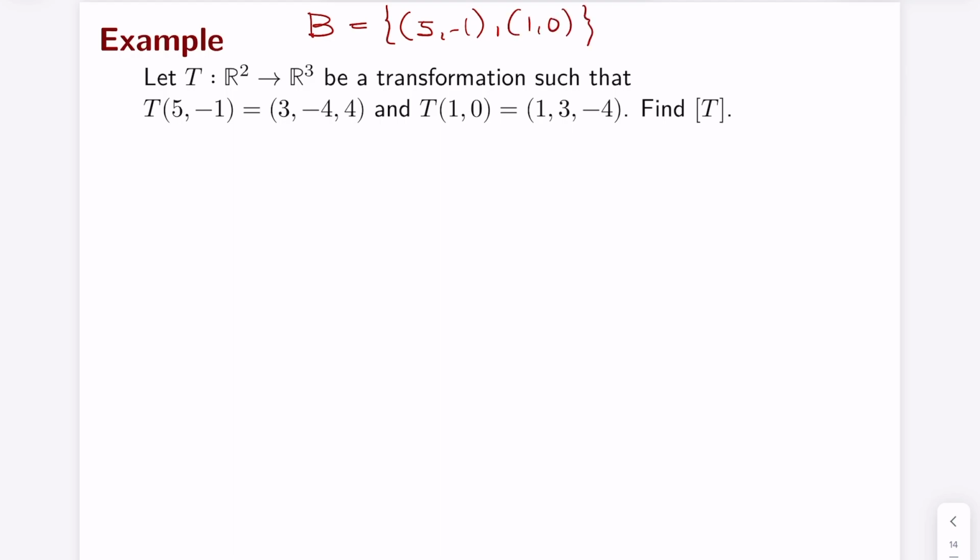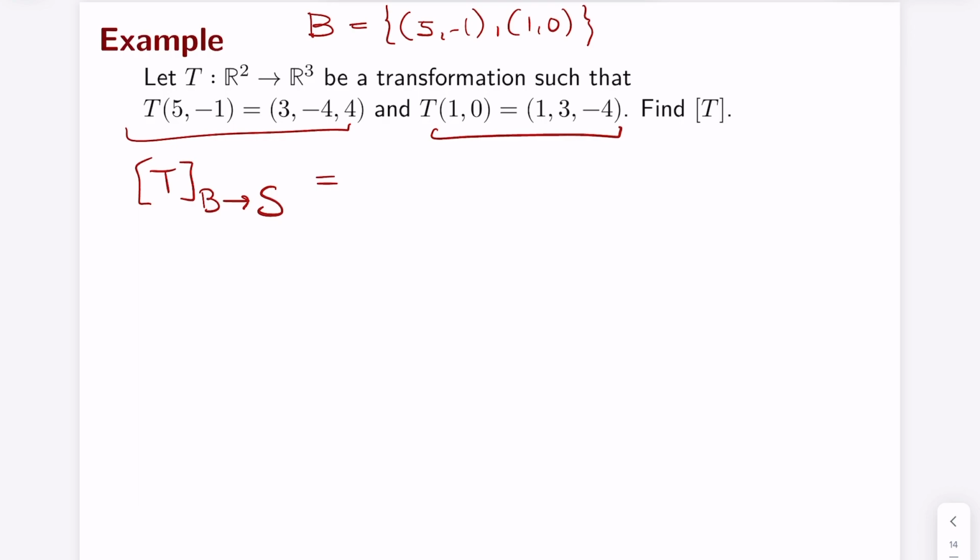And let's try to interpret this in terms of changes of bases. By having the images of these vectors, we have a way to calculate right away the matrix associated to T in the basis B, because that's the basis we are doing the transformation from, and then the standard, because these vectors are just in the standard form.